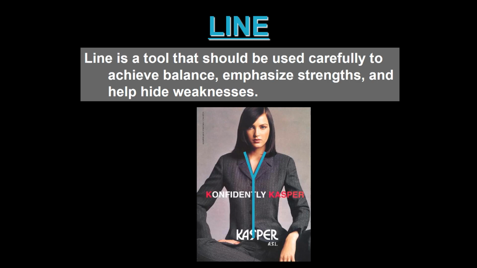So in this example, you can start to see that nice use of implied line through the buttons and that strong line at the neckline that makes our eye move all the way up and really frame this model's face. Creates that idea of lengthening and strength.